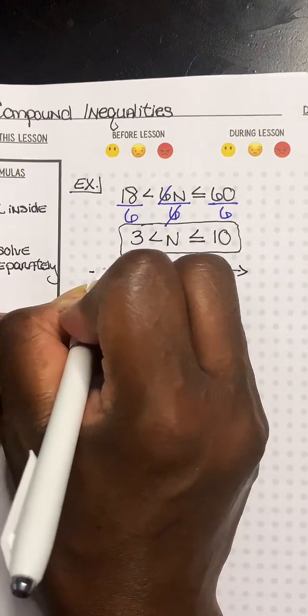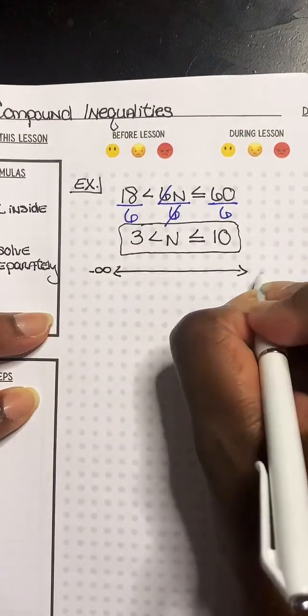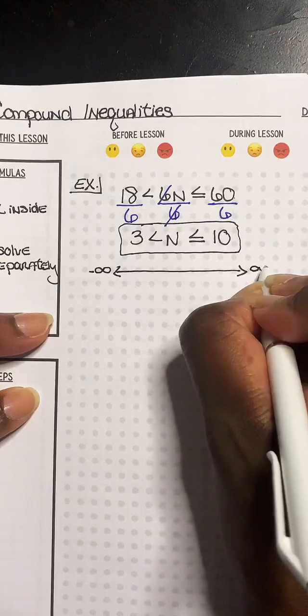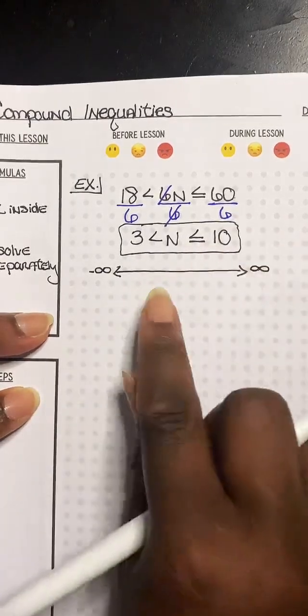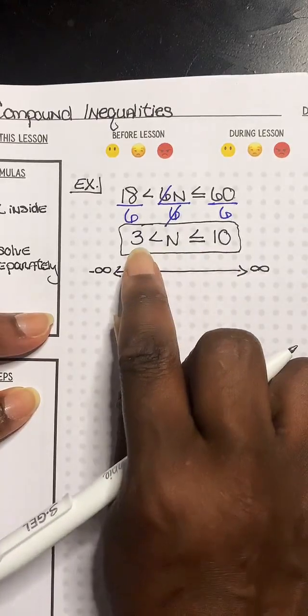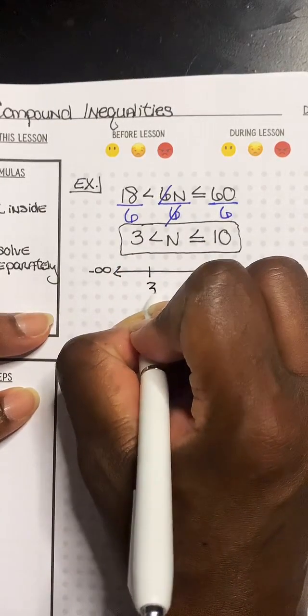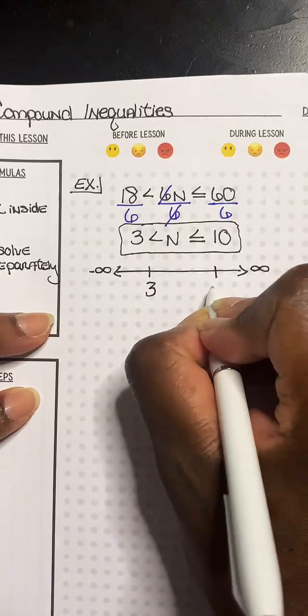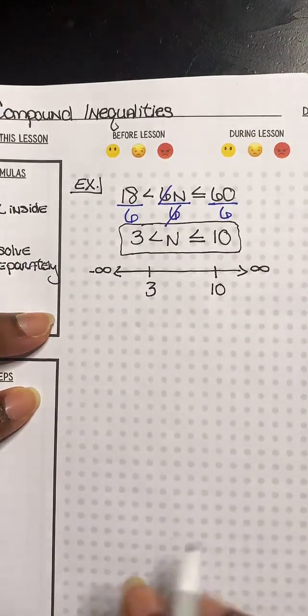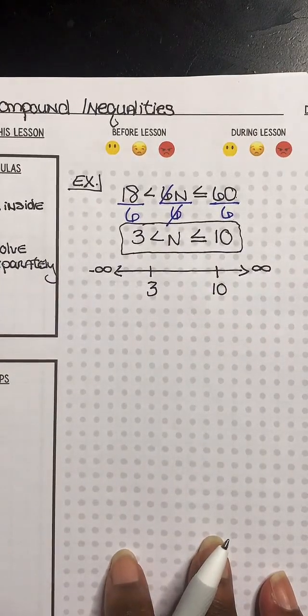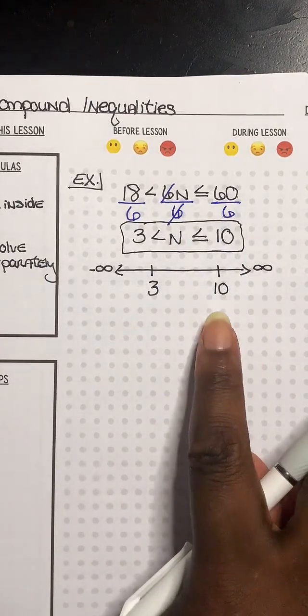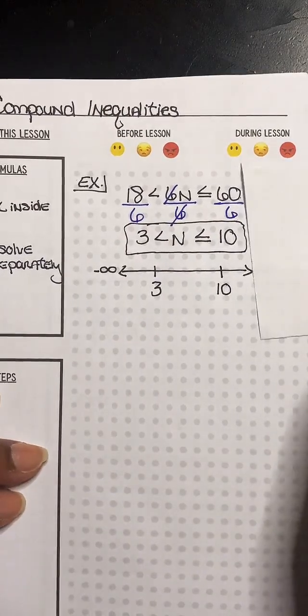This is going to negative infinity. This is going to positive infinity. Then I'm going to write my two ends. My one end is a 3. The other end is a 10. So this is when we're going to have to think of them almost separately.